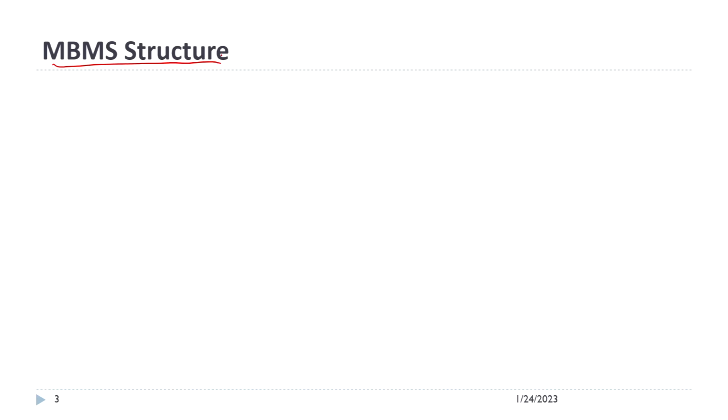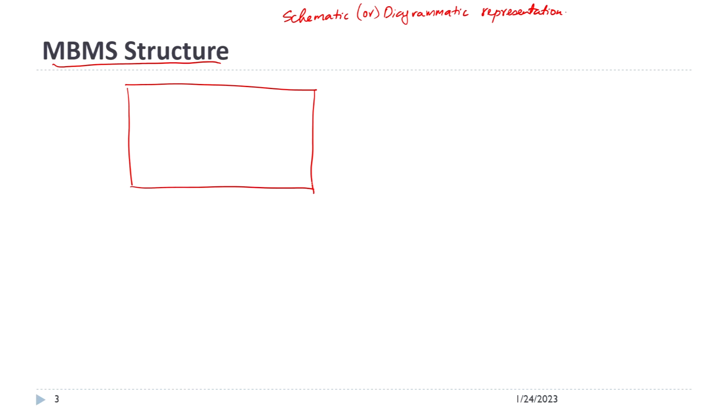Let us take a look at the MBMS structure as a schematic, or a diagrammatic representation of the various modules and how they interact, etc. The first one we start with is the model based management system, which obviously should have what we call the model base. This is the first most important subcomponent of it.